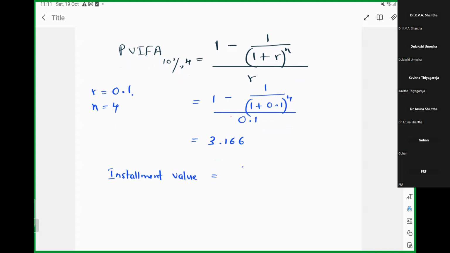Loan value 600,000 divided by present value interest factor 3.166. You can calculate the installment value: 189,540.